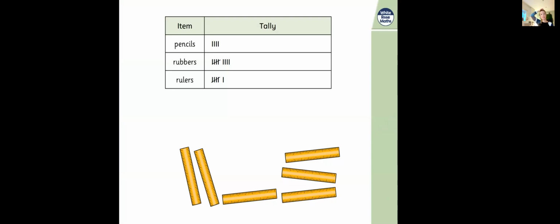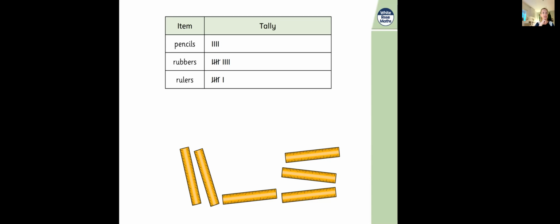Let's learn new stuff. Now, this is what was in your question 3. So we are learning new stuff, and you've had a go at this already yourself, and a few of you might have found it quite tricky. So let's have a look. I've not got the exact question in front of me, but it was like class 2 have done a tally of things in their classroom, and they've presented the information in a tally chart.